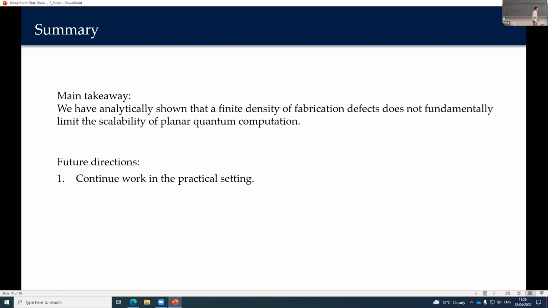Some of the future directions is to continue work in the practical setting. Again, the lower bound threshold that we found is not something that we would expect. We actually expect the thresholds to be very comparable to the previous thresholds found from a stasis method, for example. Explore other time-correlated errors. Again, these are, for example, the cosmic rays, but there are also some other more exotic ones. Generalize to other planar codes.